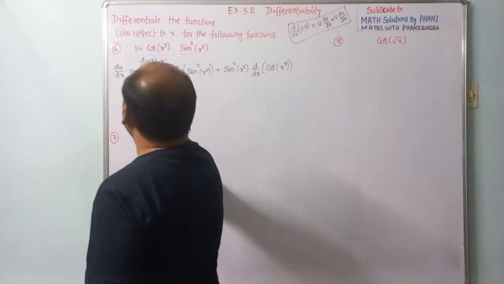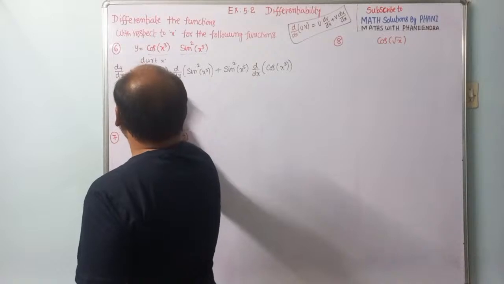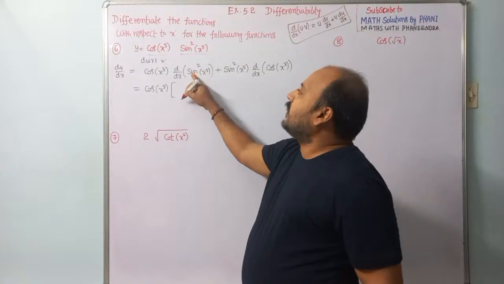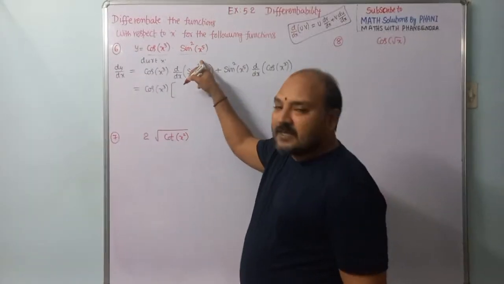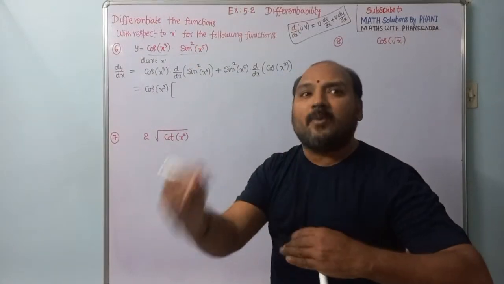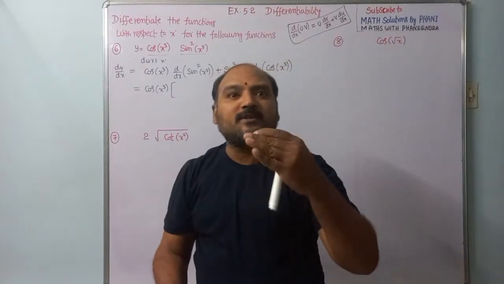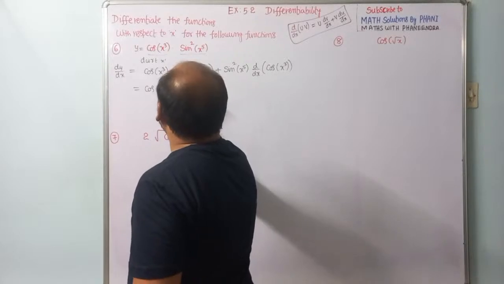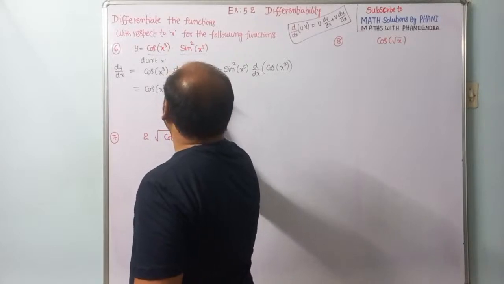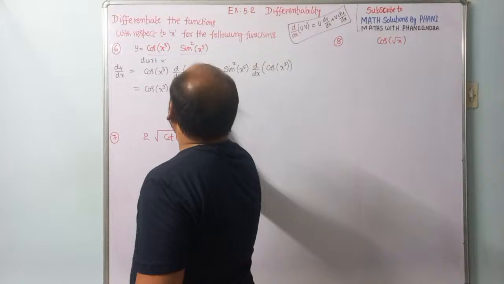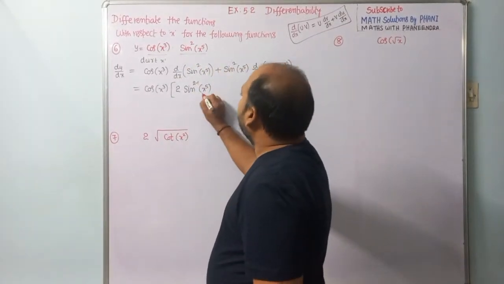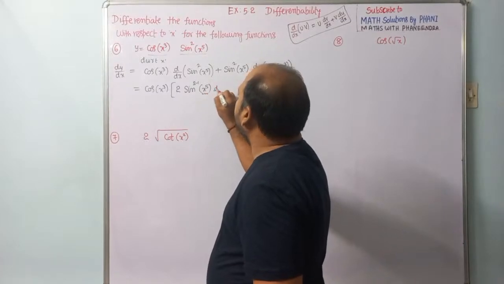So which is equal to cos x cube, keep bracket, d by dx of sine power is there, no? d by dx of x power n is n into x power n minus 1. So here also 2 into sine power 2 minus 1 into sine x power 5. Again this function you have to differentiate, d by dx of x power 5.